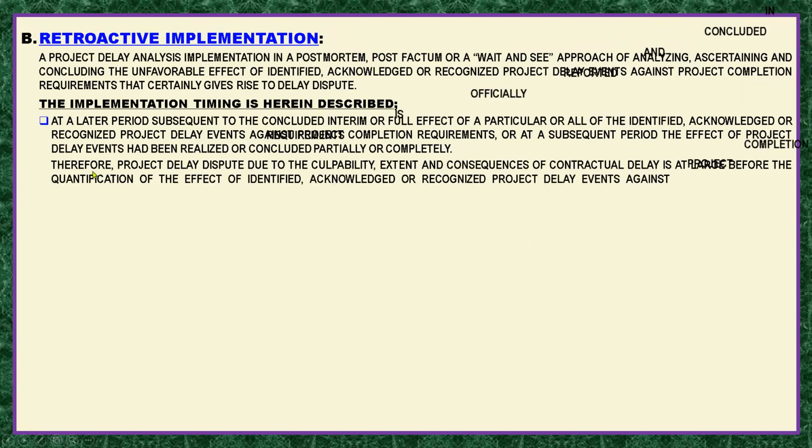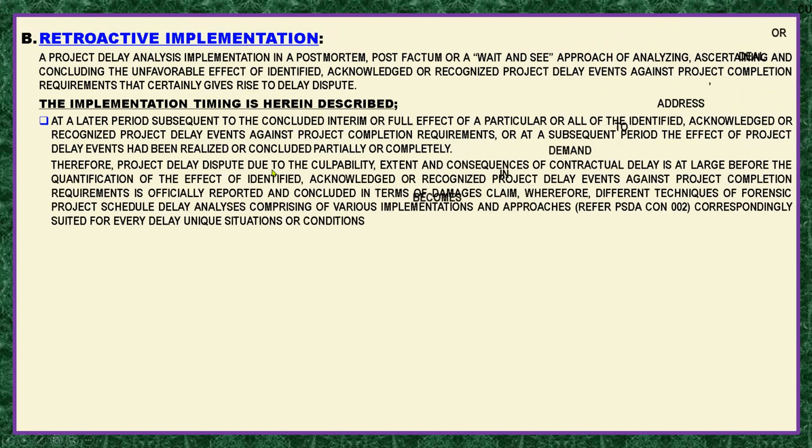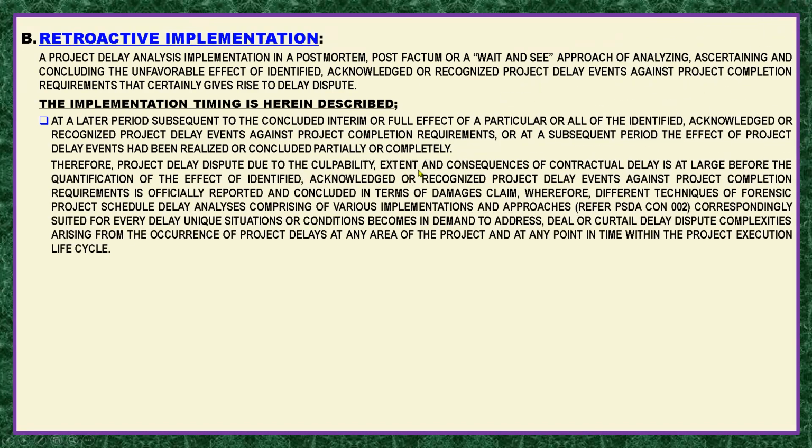Therefore, project delay dispute due to the culpability, extent, and consequences of contractual delay is at large before the quantification of the effect of identified, acknowledged, or recognized project delay events against project completion requirements is officially reported and concluded in terms of damages claim.